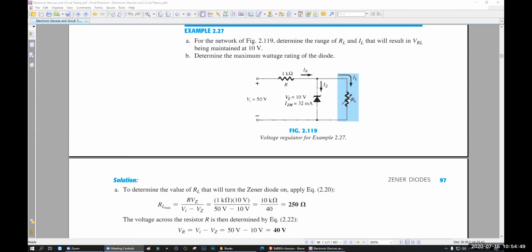This voltage will not be smaller than 10 and will not be bigger than 10. It will be smaller than 10 when the Zener diode is off. The voltage will be bigger than 10 when the Zener diode is destroyed. So you have to maintain the voltage at 10 volt. Understood? So let's find out.